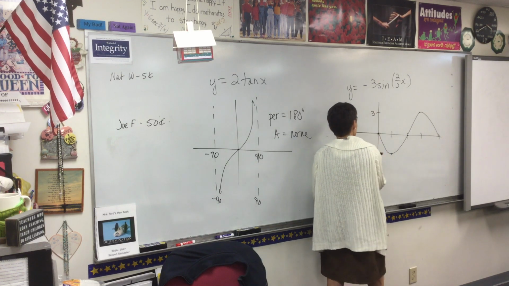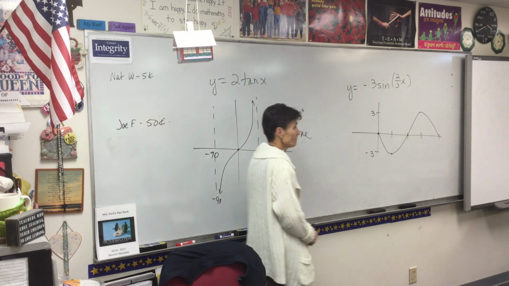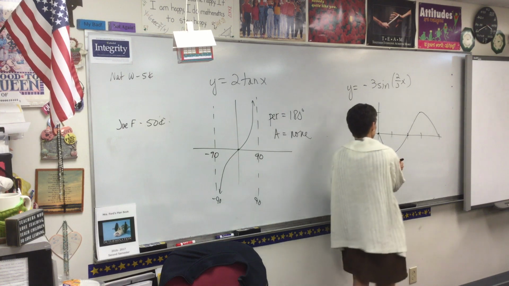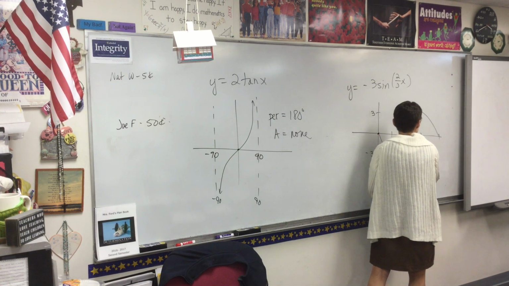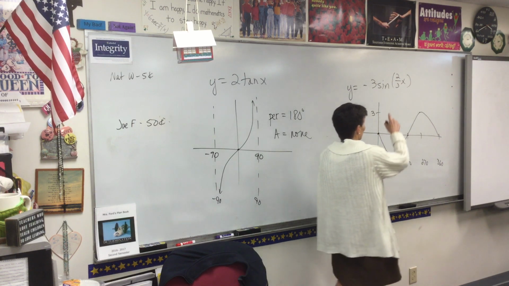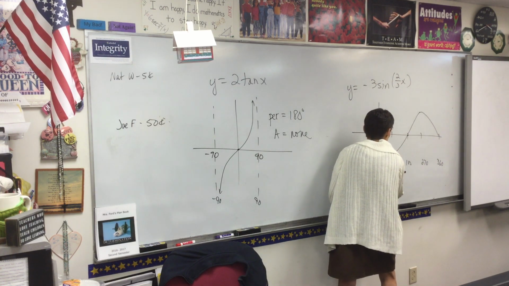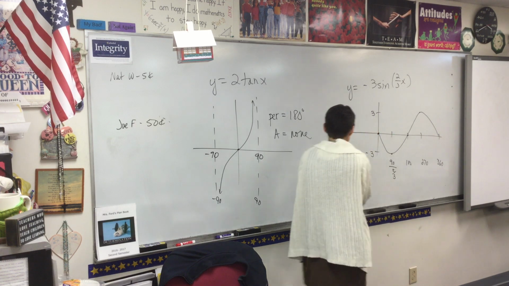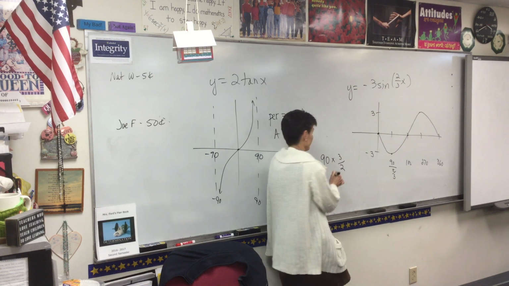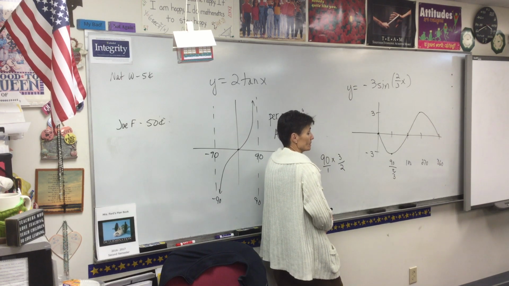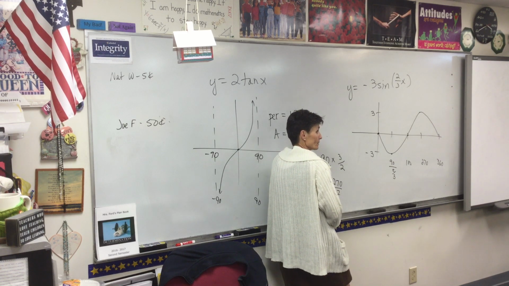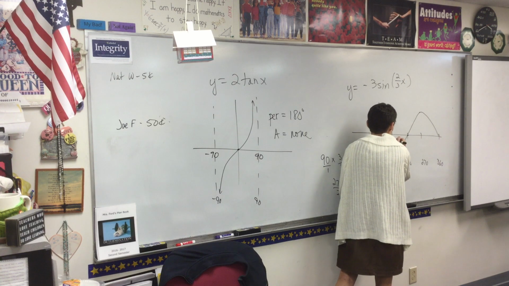I know this is 3 and negative 3. These are supposed to be 90, 180, 270, 360. Increase by 50%. But I'm dividing by 2/3, which means I'm multiplying by 3/2. So I have 270 over 2, which is 135.